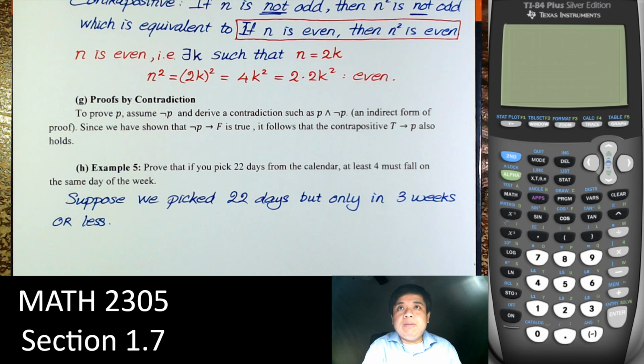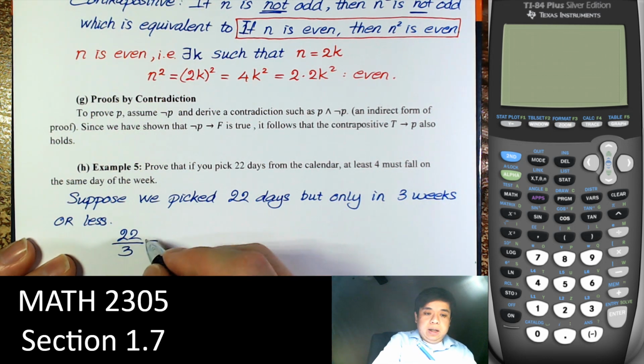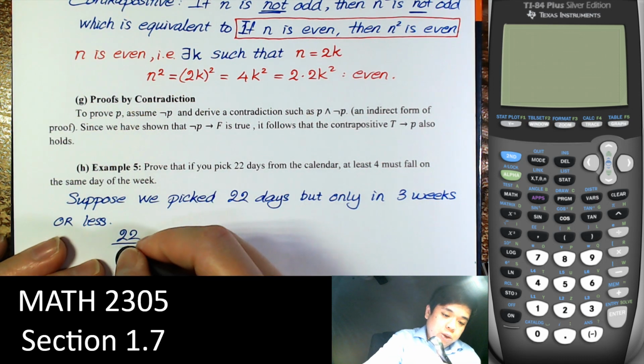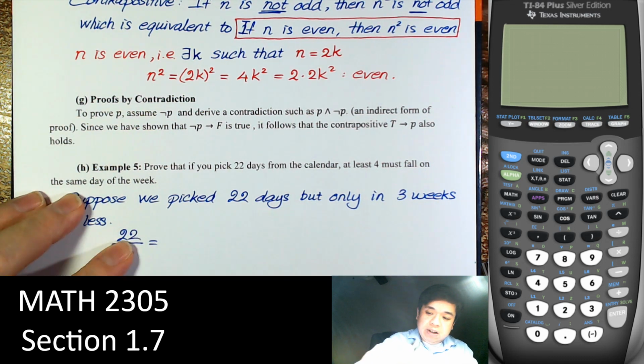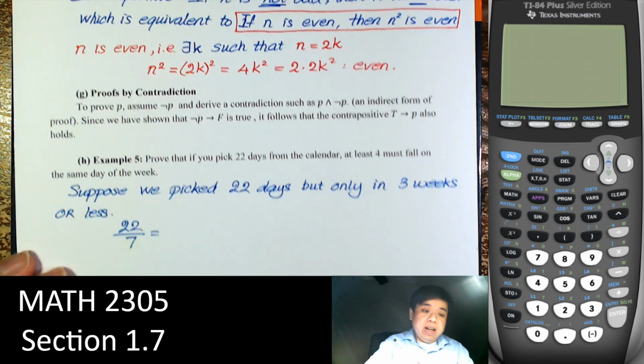Now let's see, if we have 22 days and there are 3 weeks, we can divide the days into 3 weeks, right? Or we divide the 22 days by 7. Why do we divide by 7? Because there are 7 days in a week.